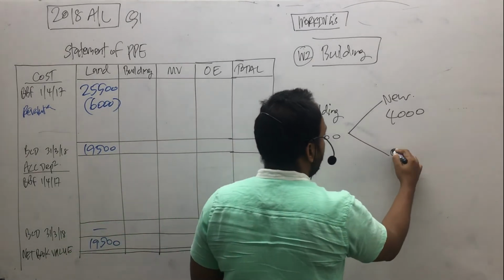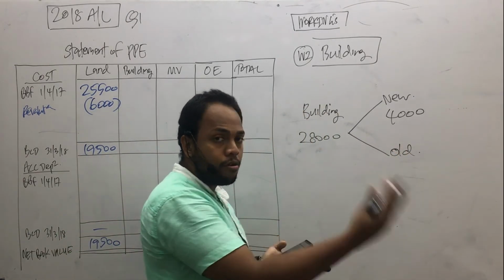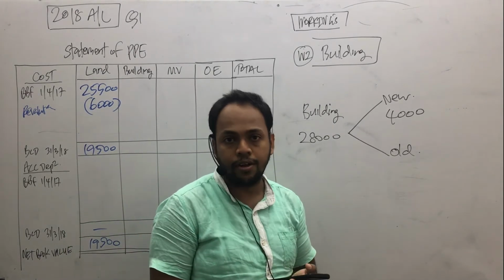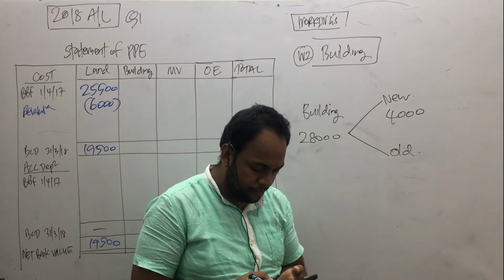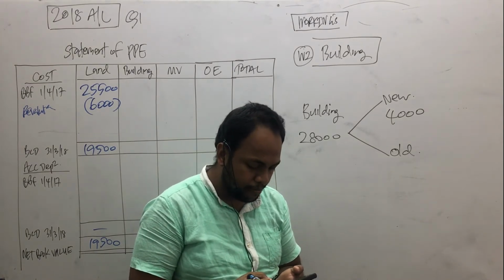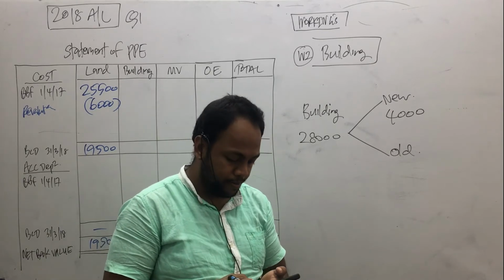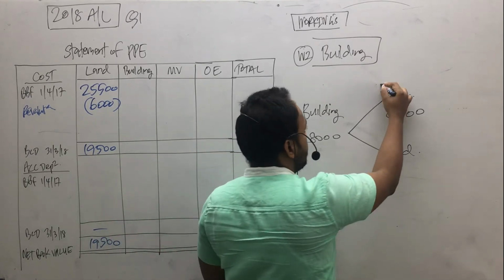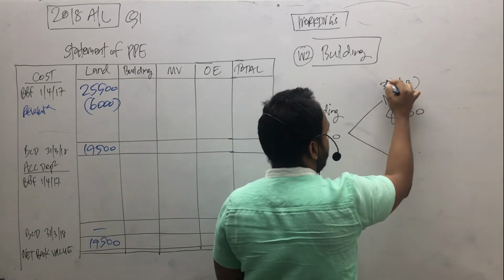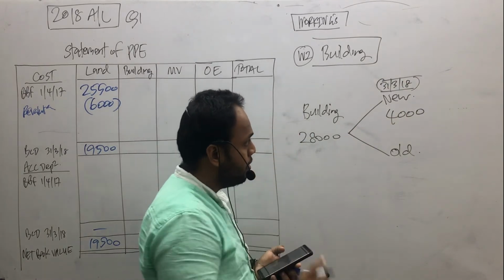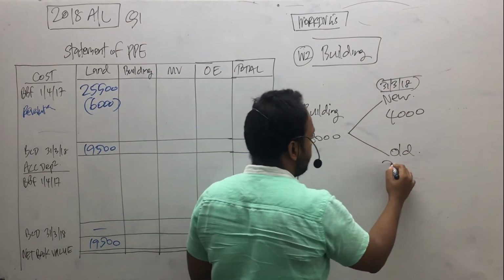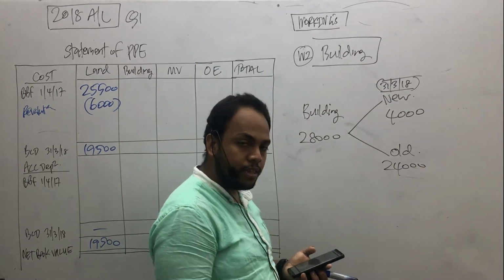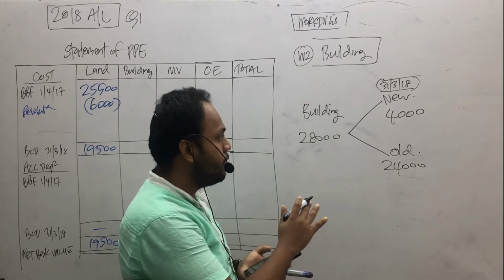Then what was the old building? This was recorded properly. In some questions you might get this as not recorded. But here all the depreciation and the constructed building, everything is recorded. Completed on 31st March 2018. So all building value is 24,000. Even though they have recorded, we are taking the final amount as this.